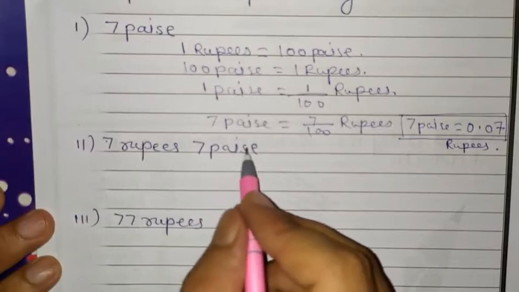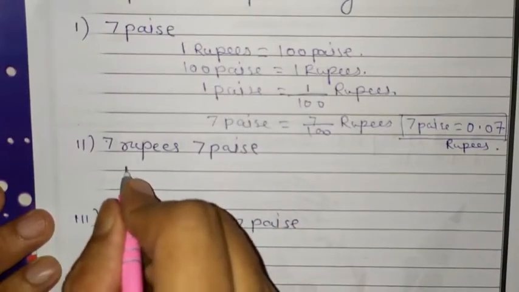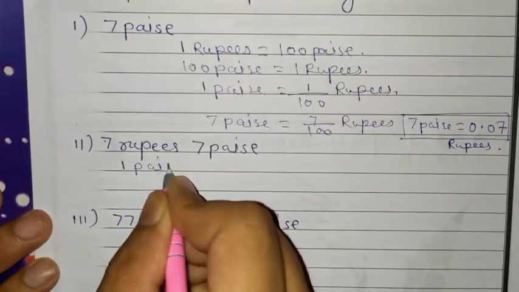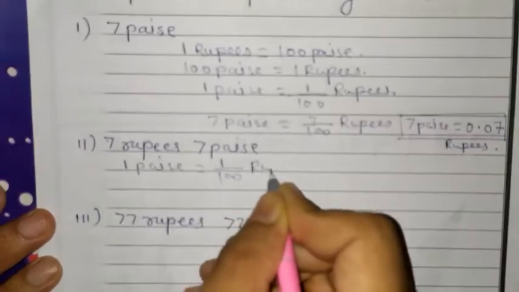Going into the second one, 7 rupees we already have, it is in rupees. And 7 paise we recently calculated. So here I am directly writing the formula: we have just seen 1 paise is 1 upon 100 rupees.